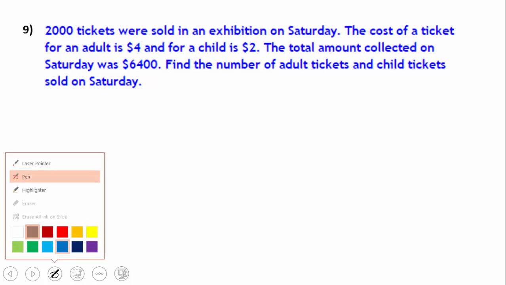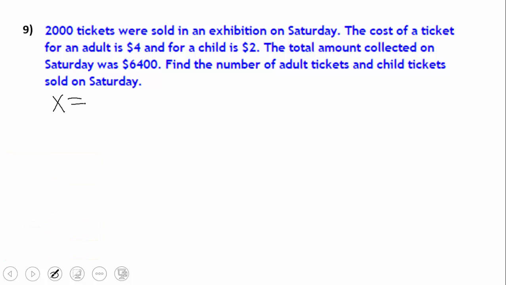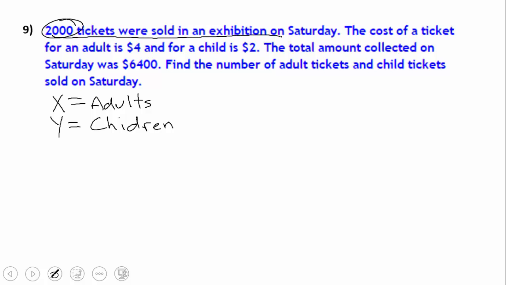So again, I'm going to identify my variables. I'm going to say x is my adults, and y is my children. It's telling us that 2,000 tickets were sold.